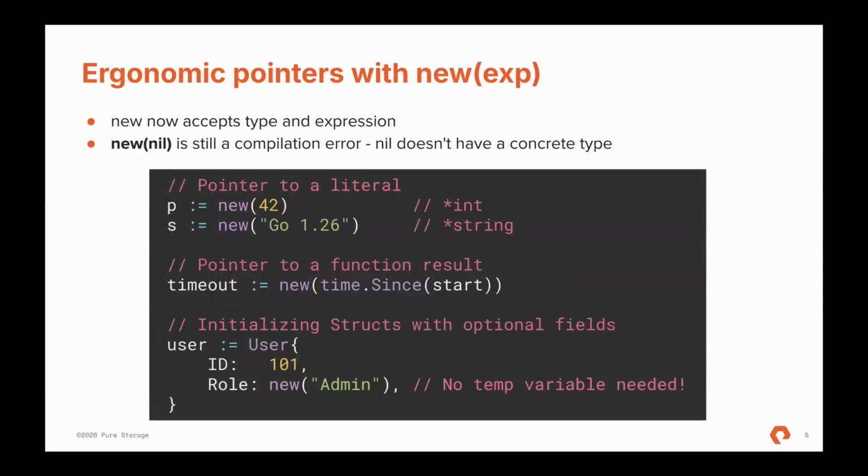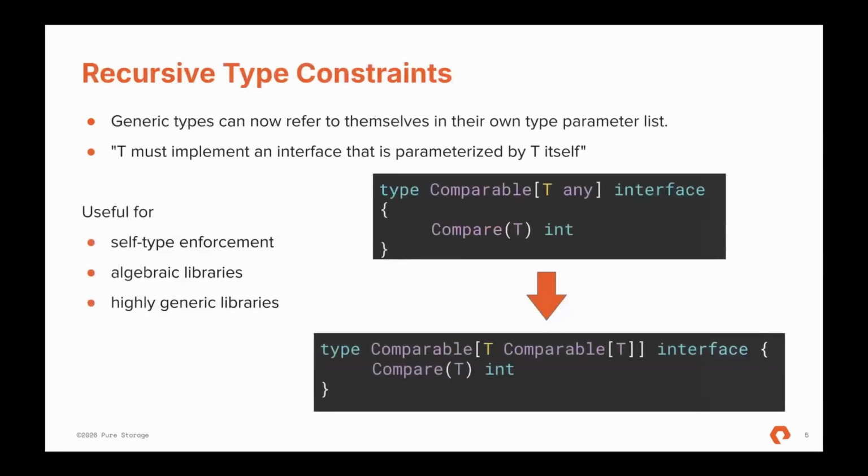So this will make our lives much easier. We will be able to replace all these helper functions or temporary variables with just a simple new. And defining JSONs or protobufs will be much easier. So that's one small, but very impactful feature.